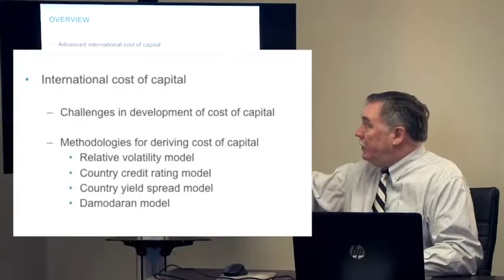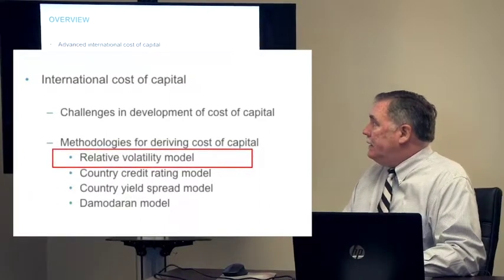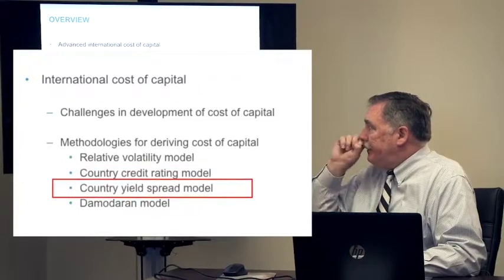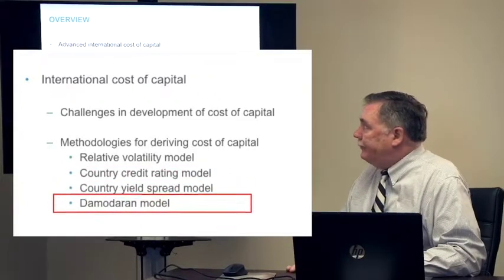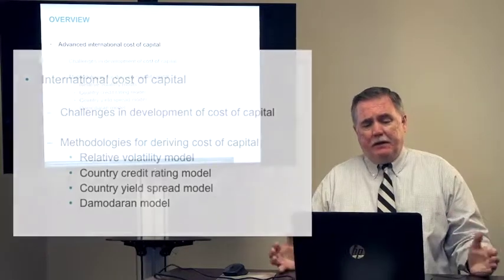To do that, we're going to look at 4 different models: the relative volatility model, the country credit rating model, the country yield spread model, and the de Modern model. Okay? In each of these models, there is a similarity, which is that most of them start with the capital asset pricing model.